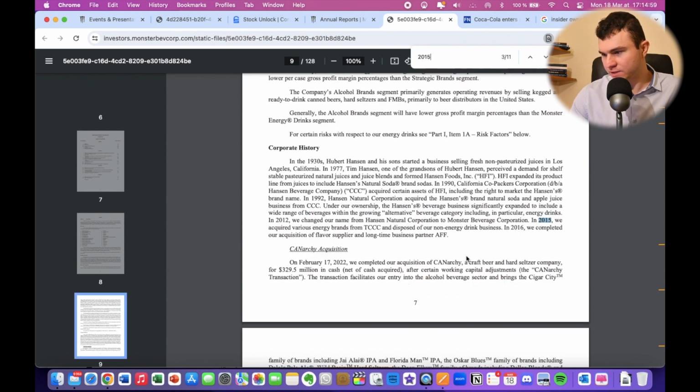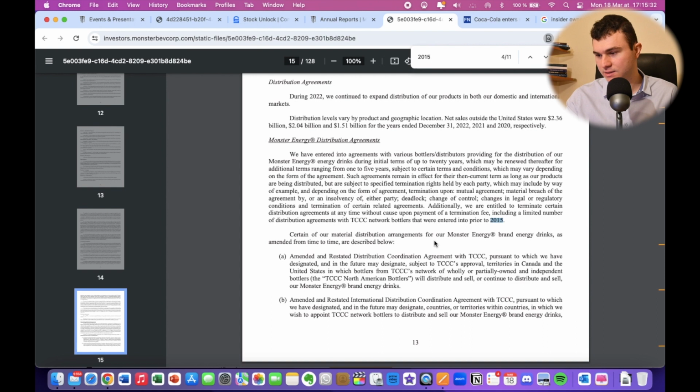In 2015, we acquired various energy brands from Coca-Cola and disposed of our non-energy drink business. In 2016, we completed our acquisition of flavor supplier and long-time business partner AFF. So, if I understand correctly, in 2015 there were two things: a partnership with Coca-Cola and also an acquisition of Coca-Cola brands.